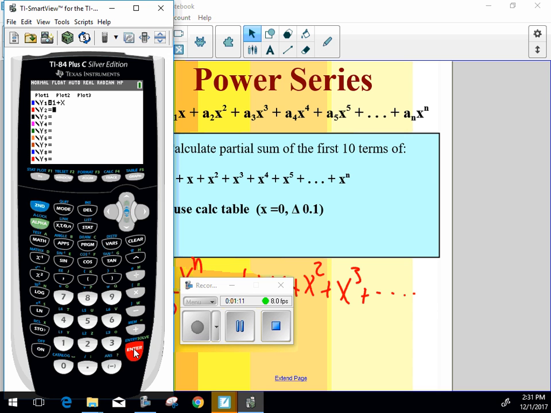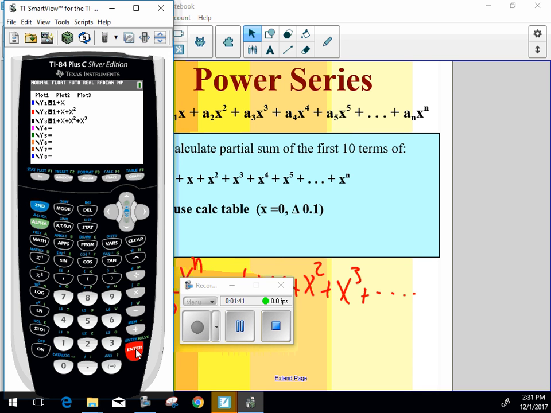And then 1 plus x squared this time. And then we're going to do 1 plus x squared plus x cubed. Okay.